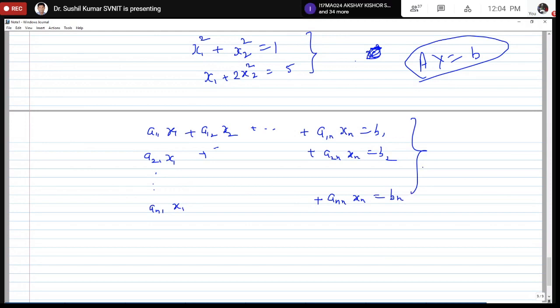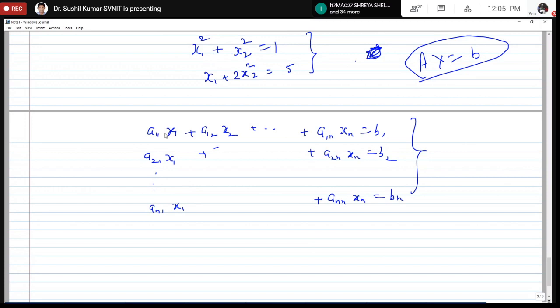Why do we call it a system of linear equations? Because here all the unknowns have degree 1. It is linear in the unknowns, you can say. Linear means the degree must be 1. Is it clear? If the equation is linear in the unknowns, then it is a linear equation.